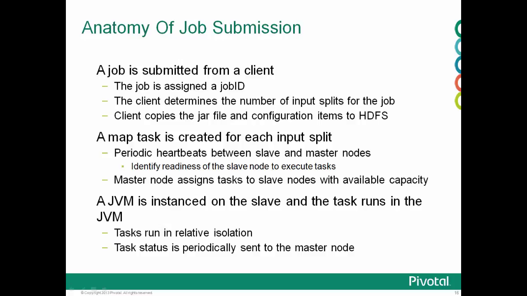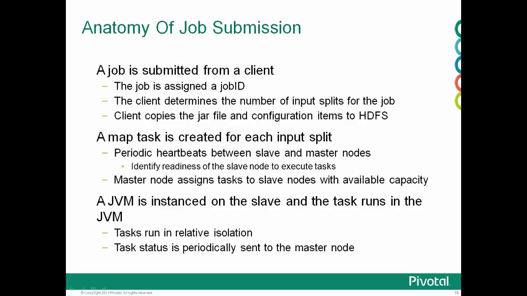Periodic heartbeats between the slave data nodes and the master nodes occur, and these heartbeats are used to identify the readiness and availability of resources on the slave node to execute tasks. The master node, whether it be a job tracker node or resource manager node, assigns tasks to slave nodes that have available capacity.